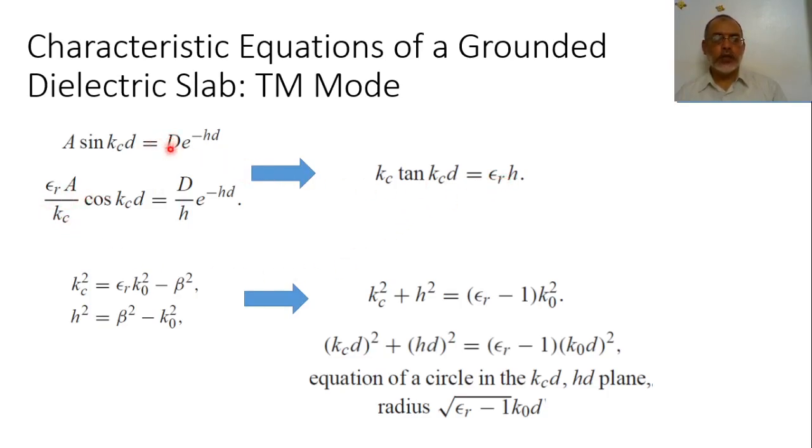Here D over D, e to the power minus hd, will be eliminated. Here 1 over h would be h.